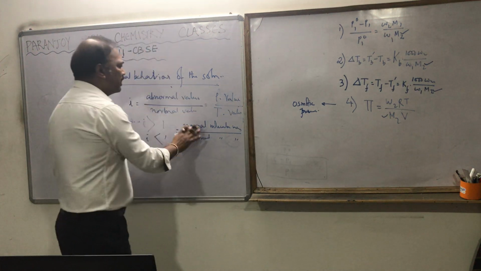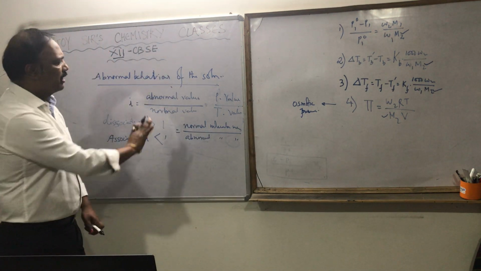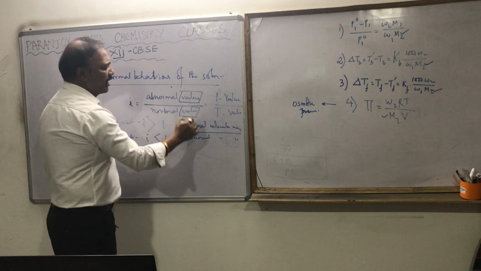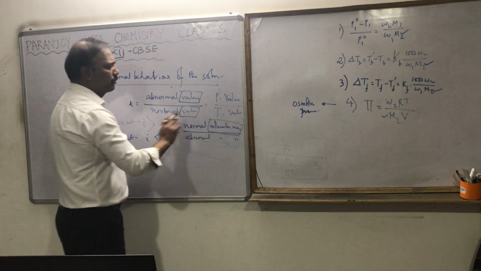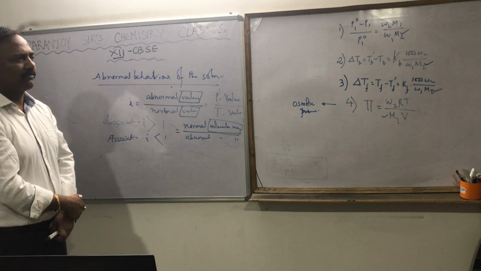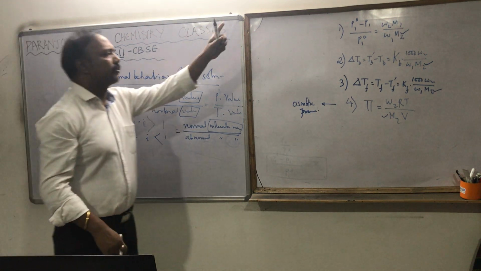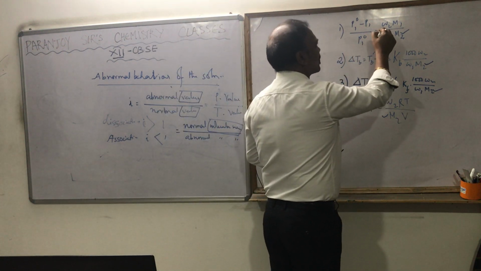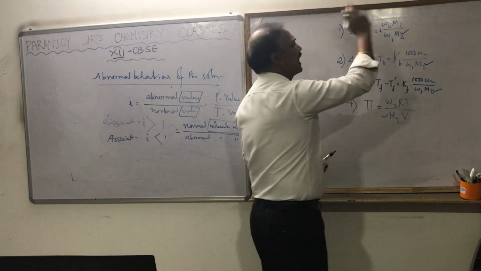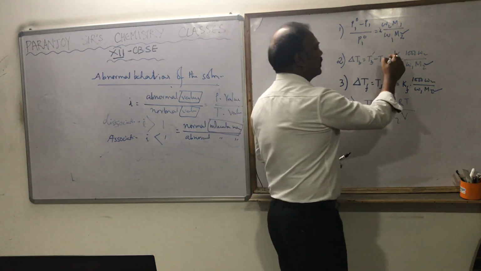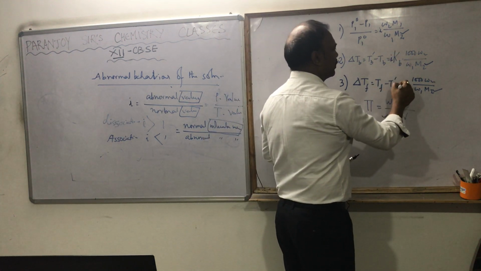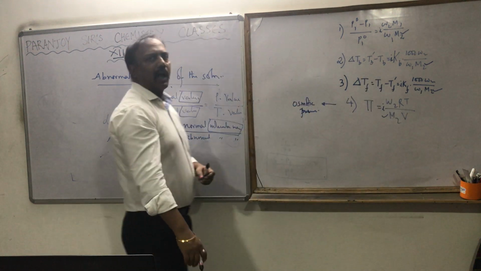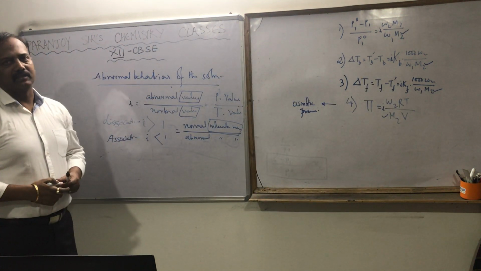Both are exactly the same, only the way of expressing is different, and these words I wrote are very important. Hope you understood that. What is i? What is the Van 't Hoff factor? This factor is now introduced in all these equations, and all the equations of colligative properties are just changed into i times this, i times this, i times this. i is the Van 't Hoff factor.